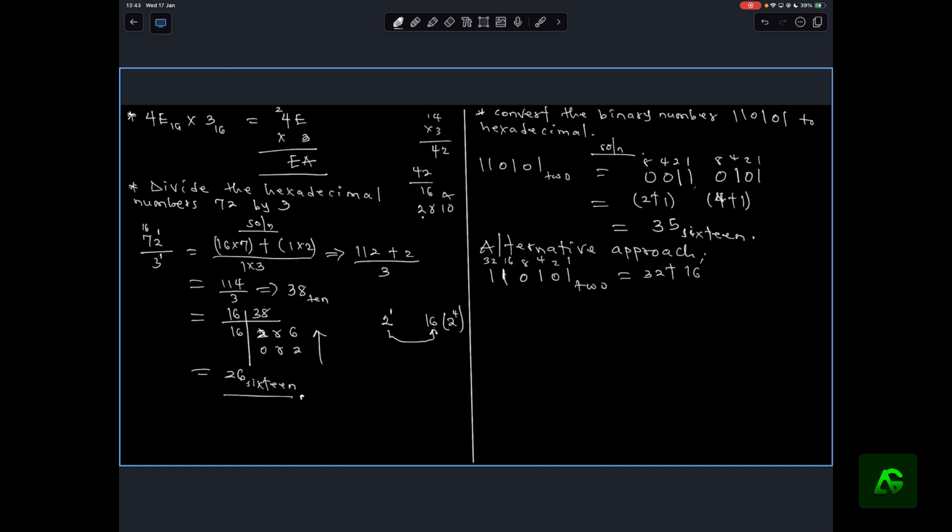This one is out. This one, that is 4, plus 4 plus 1. So 32 plus 16 is 48, plus 4, that is 52, plus 1, 53 in base 10. So this base 10 number, we are going to convert to base 16 by dividing repeatedly by 16.